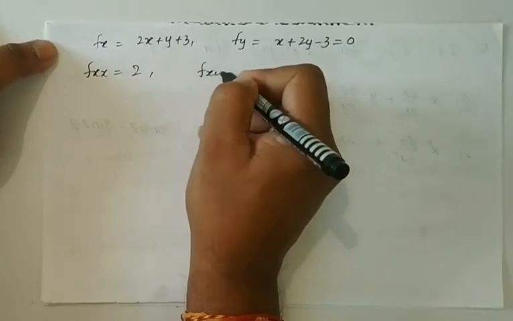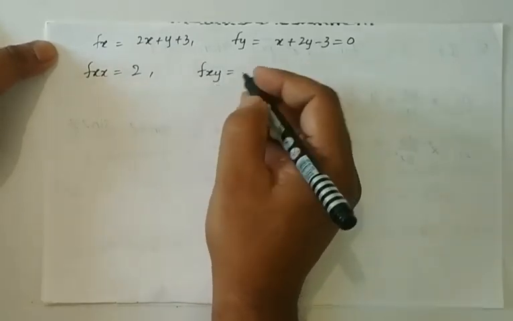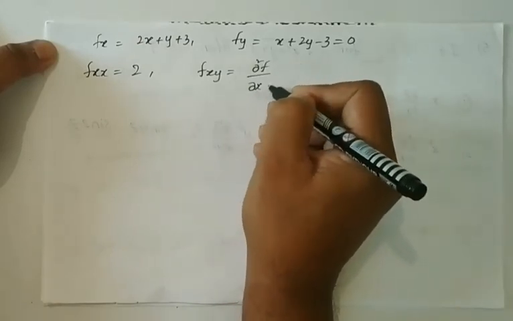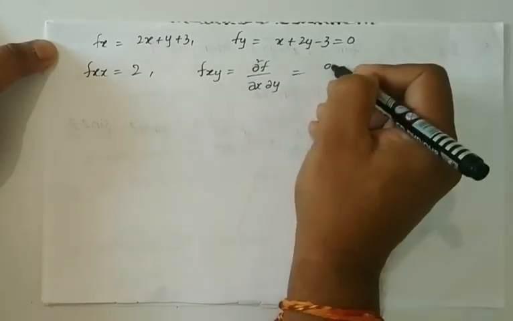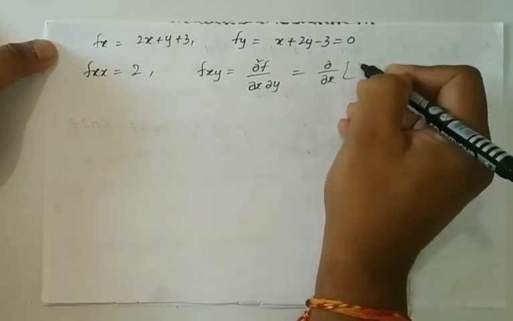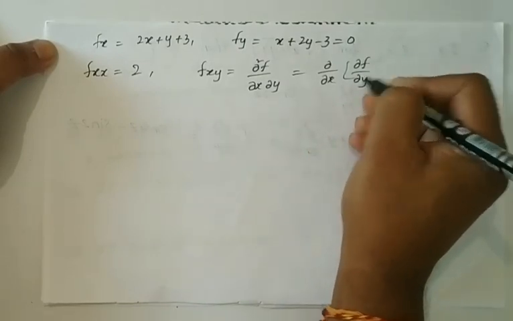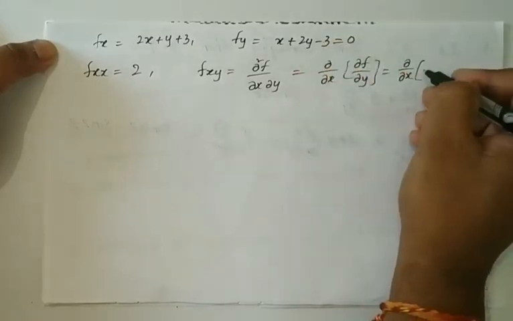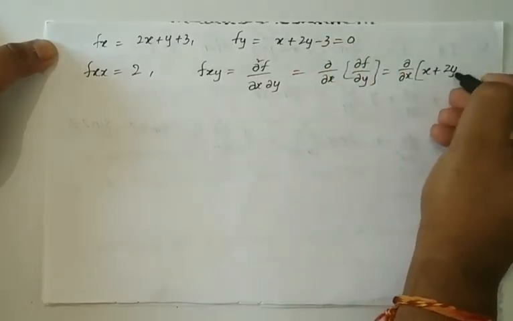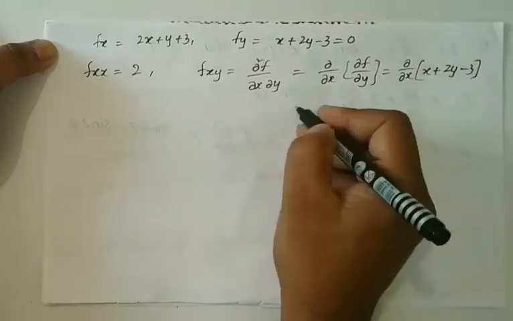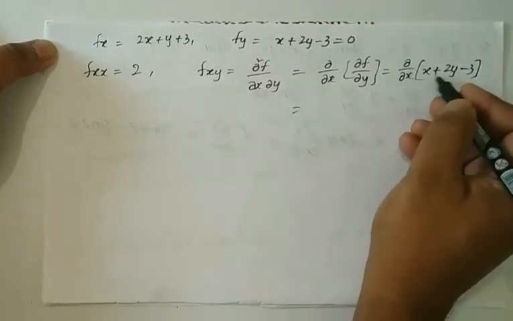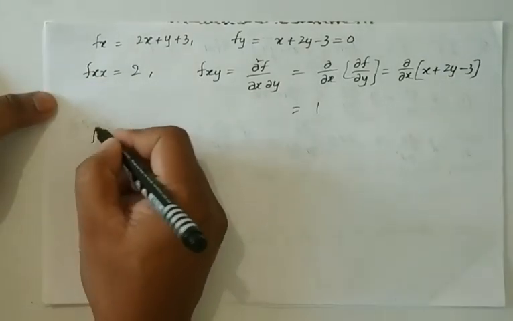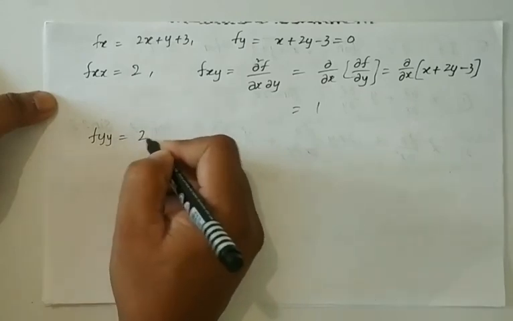Tell me fxy. fxy is dou square f by dou x dou y, which is dou by dou x of dou f by dou y, which is dou by dou x of x plus 2y minus 3, and that is 1. Next, tell me fyy. fyy is 2.